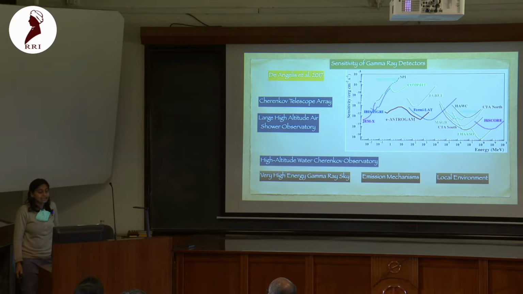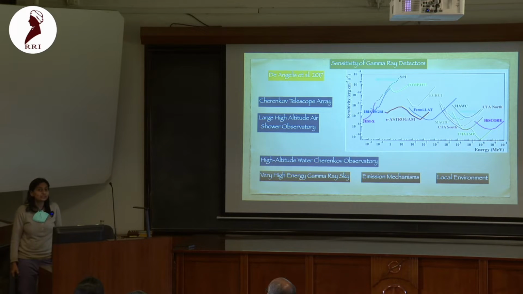LHAASO, the full form is Large High Altitude Air Shower Observatory. It is in China. It is giving very interesting results. So we look forward to LHAASO results these days because they are detecting sources with gamma ray energy of 100 TeV, even more.